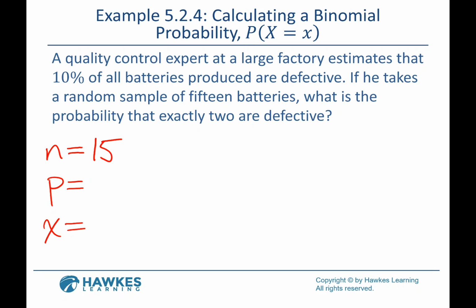We're calling a defective battery a success. Remember, success just means that's the one we're counting. It doesn't mean it's good or bad. So probability of a defective battery here is 10% or 0.1. And then we want to know the probability that exactly 2 are defective, so we want X to equal 2.